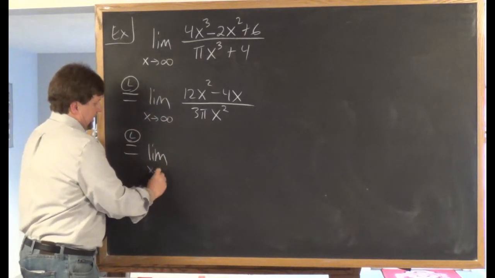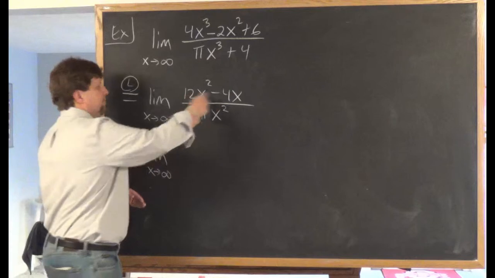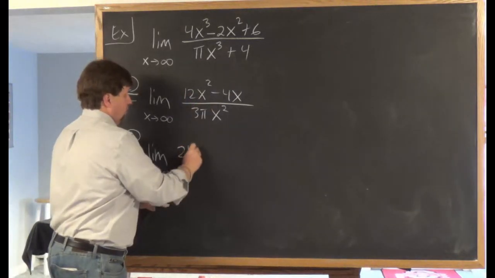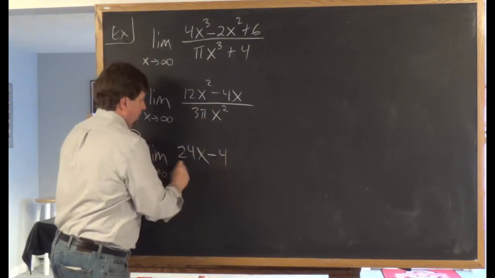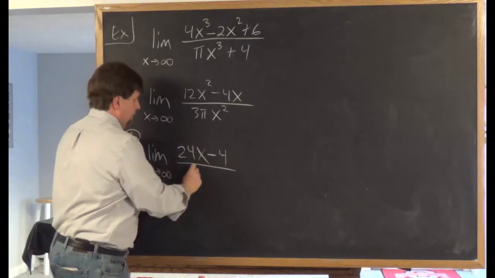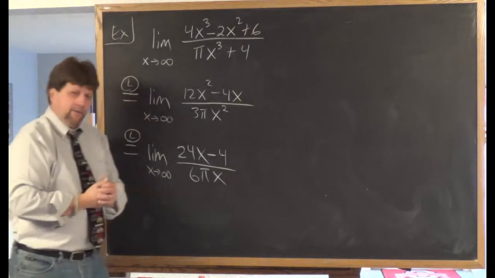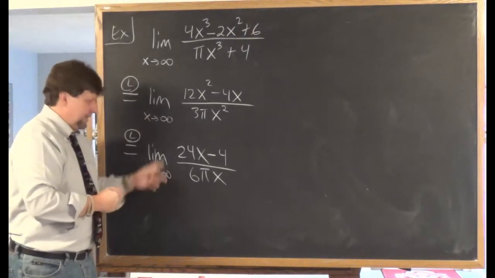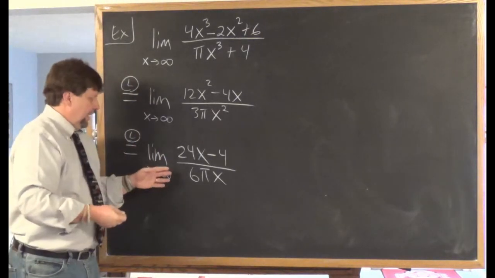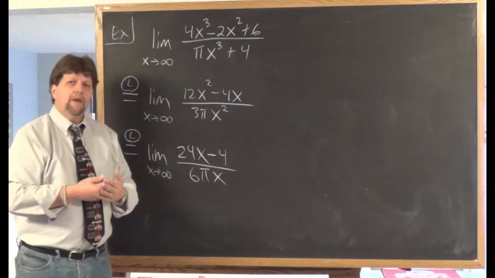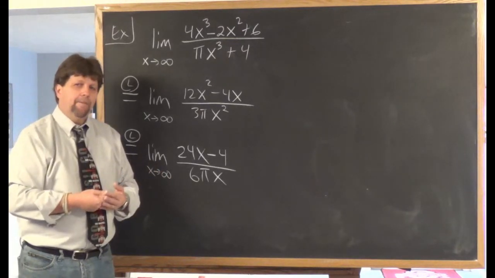Gives us the limit as x goes to infinity. Derivative of the numerator, 24x minus 4. Derivative of the denominator, 6 pi x. All right, sweet. Let's think about substituting. We still have the form infinity over infinity.